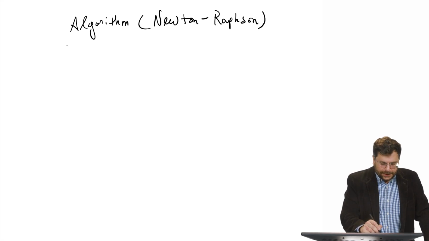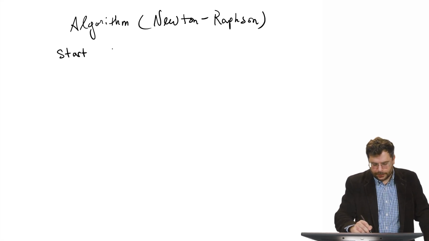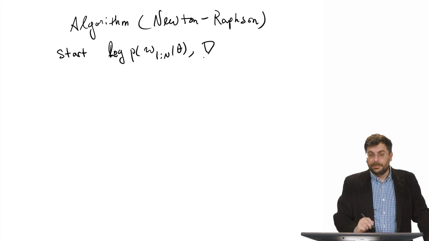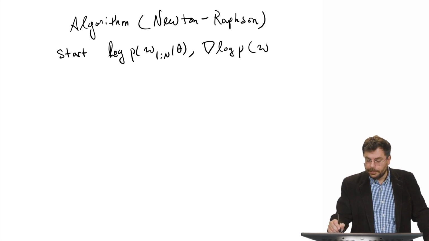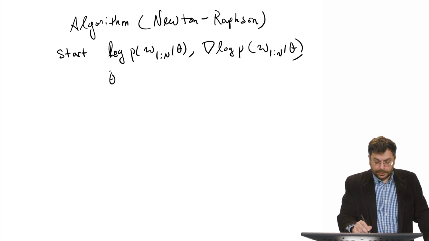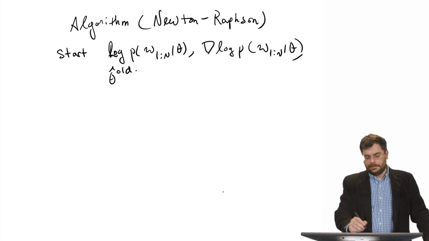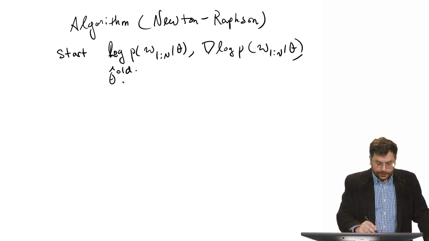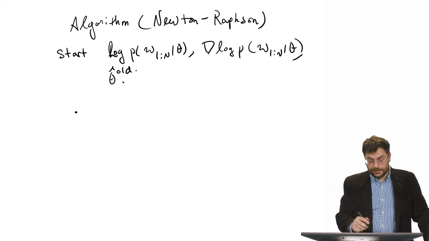And in this particular case, you start with your likelihood, or more precisely the log. You try to pre-compute an analytic formula for the likelihood as well. And you should probably start off with some theta old, some kind of initial condition. And if all that's true, then basically the algorithm itself is rather simple.